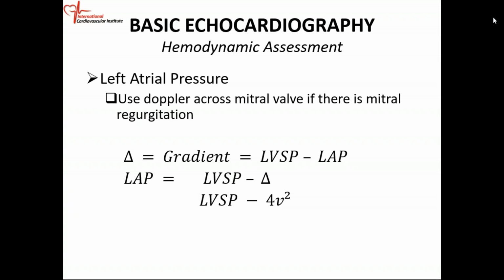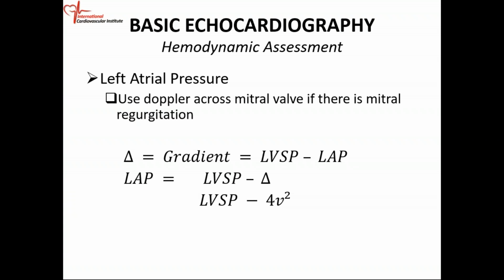So, again, think of it from first principles. When you have mitral regurgitation, what's happening is you have blood flowing from the left ventricle across the mitral valve into the left atrium. That is the definition for mitral regurgitation.